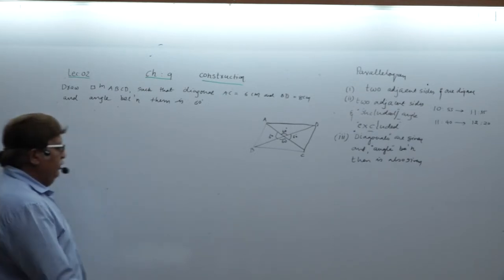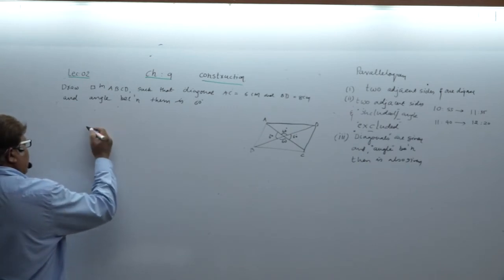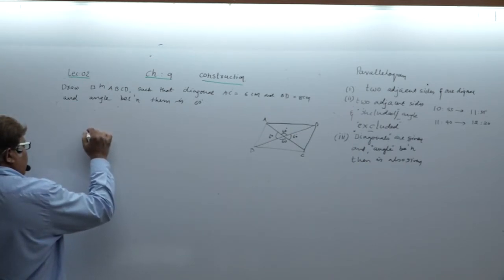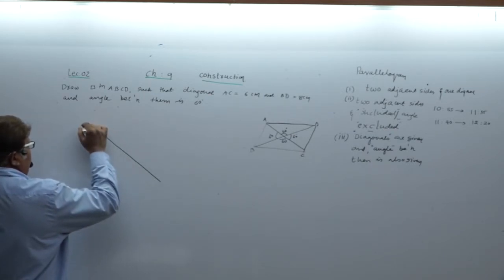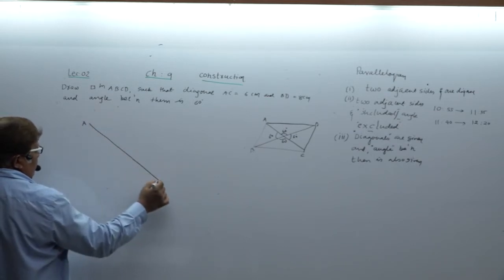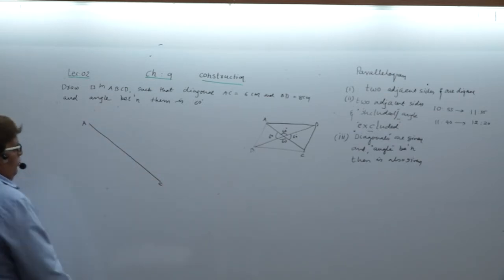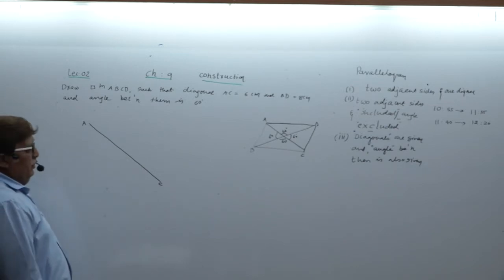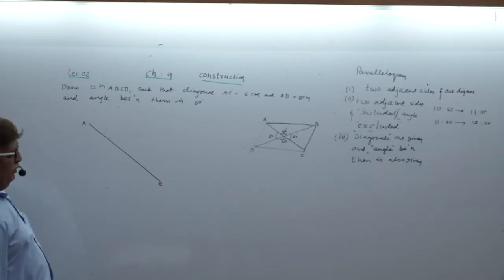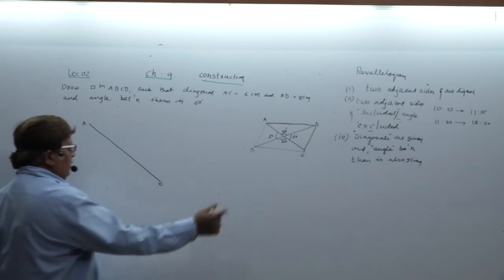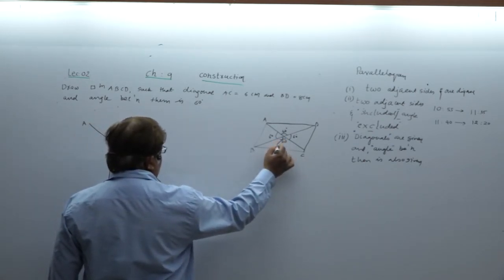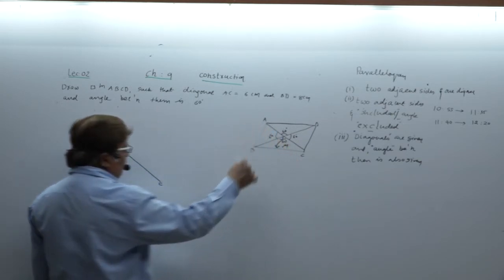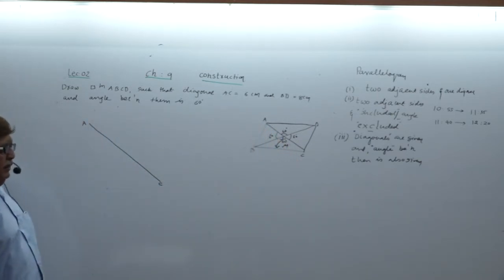Understand? So dear student, first let us continue with construction of diagonal AC. Please note down with me, of 6 centimeter. You got diagonal AC of 6 centimeter, and now a very important factor. You have to get the midpoint of diagonal AC.